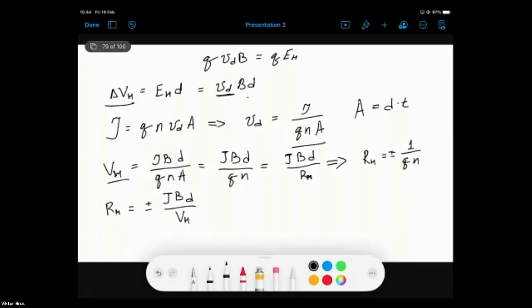And that means that we know and experimentally measure with high accuracy all terms on the right side of this equation. And it gives us the accurate experimentally determined value of the Hall coefficient.